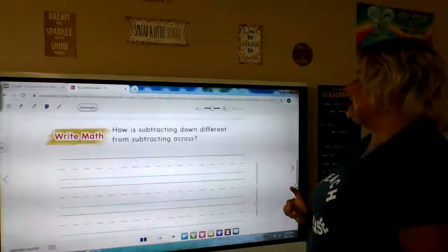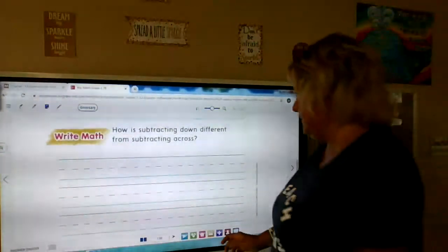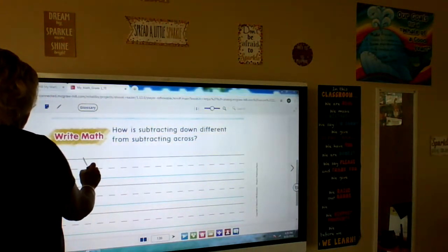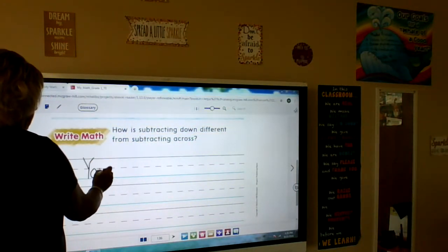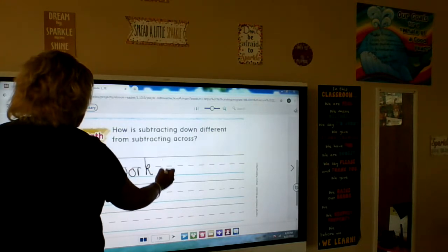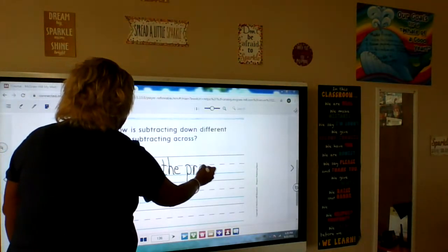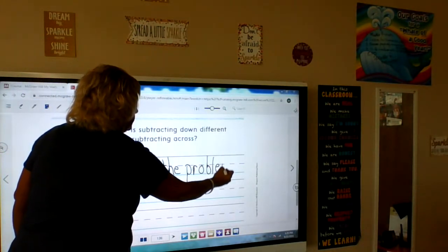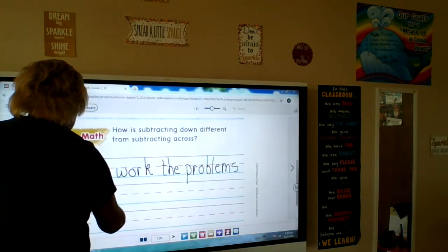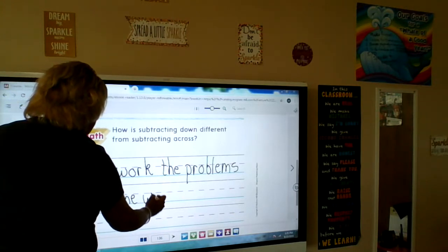How is subtracting down different from subtracting across? You work the problems the same way.